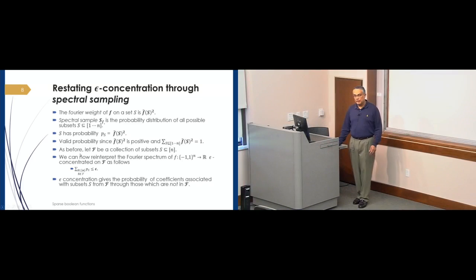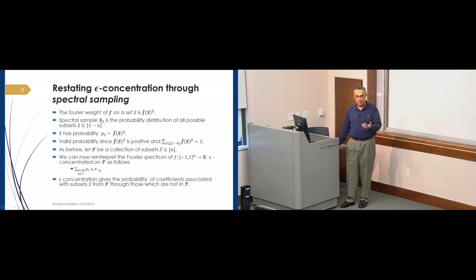So if you now think about the Fourier spectrum of Boolean function f, epsilon concentrated on script F now means it's the sum over all the elements, and we use this slightly counterintuitive notation because it's technically convenient. It's the sum of all those elements S which are not in script F. Everybody else is less than or equal to a small quantity epsilon, which means you are the big quantity.